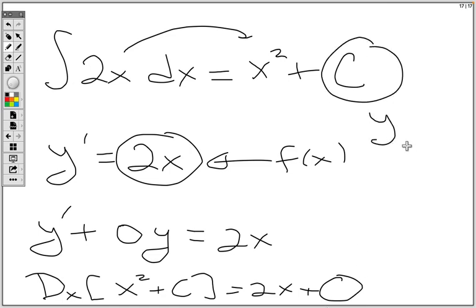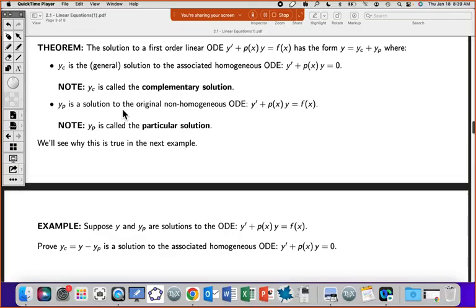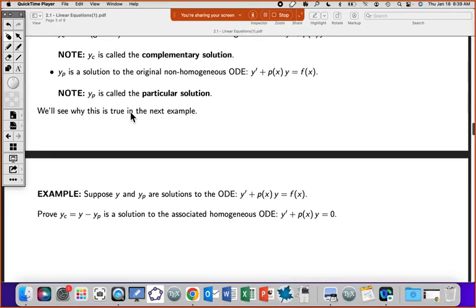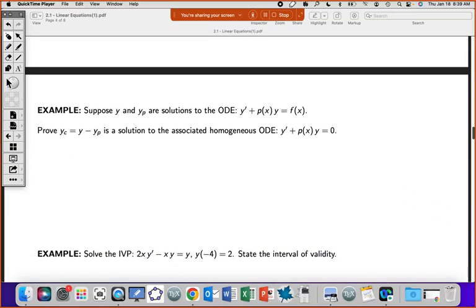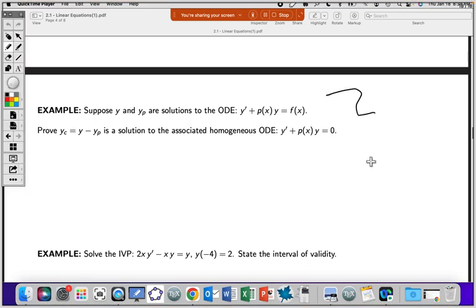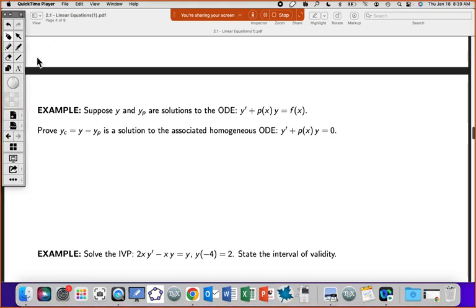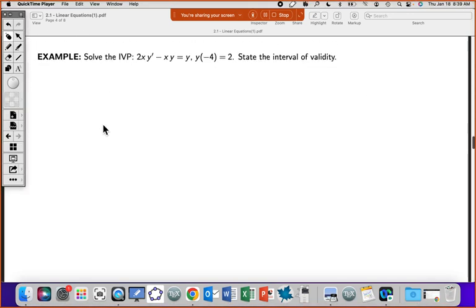So this is like your yc, because the derivative is 0, and this is like your yp. And we'll talk more about this once again next week when we get into the theory. Today I just want to focus on grinding through some examples. So we'll come back to this and talk about the importance of linearity there. But let's check this other example.